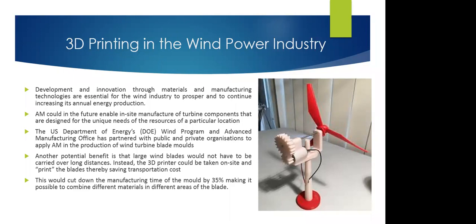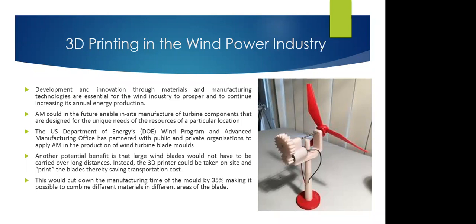Traditionally, blade design requires the creation of a plug, a full-size representation of the final blade, which is then used to make the mold. This is one of the most time-consuming and labor-intensive processes in wind blade construction, where 3D printing can save these critical resources.